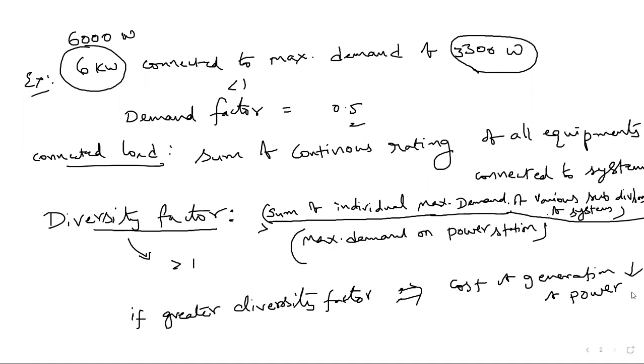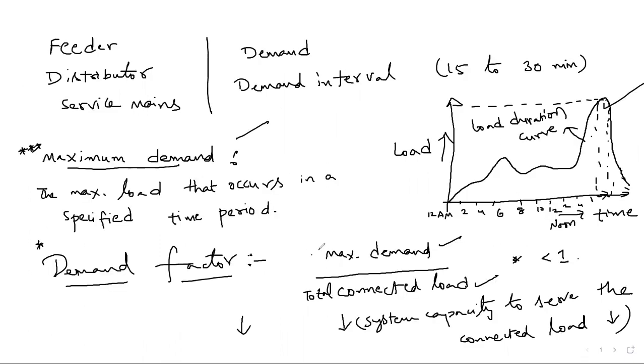The individual maximum demands of different subdivisions of the complete system are increasing, the sum of the values, whereas the maximum demand is decreasing. See, the maximum demand is decreasing in the sense, what is the formula of our demand factor? Check once. See, the numerator is maximum demand. In the diversity factor, if the maximum demand in the denominator is decreasing, then what about the maximum demand here? Decreasing. So is the demand factor increasing or decreasing? Decreases, right, very good.